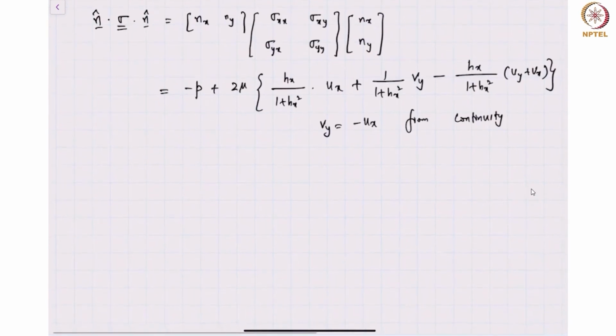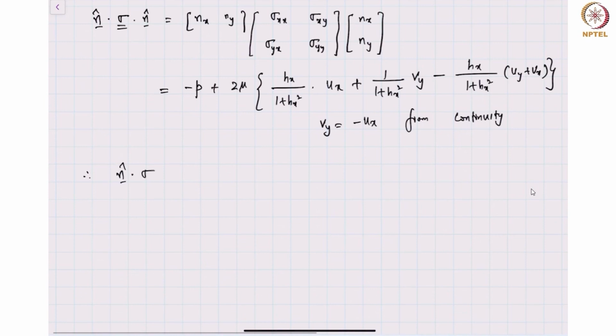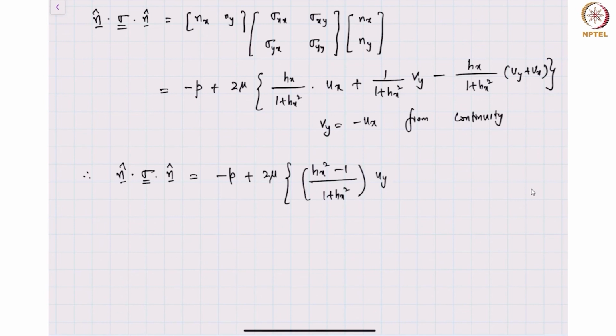This is again, remember, only in 2D. Therefore, I get something like n dot sigma dot n is minus p plus 2 mu, which will be (h_x squared minus 1) by (1 plus h_x squared) times u_x, minus h_x by 1 plus h_x squared times u_y plus v_x.